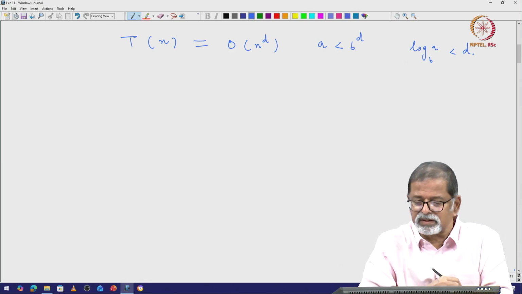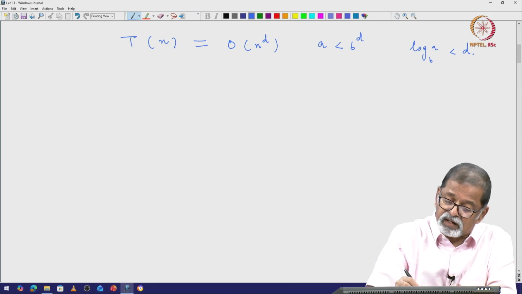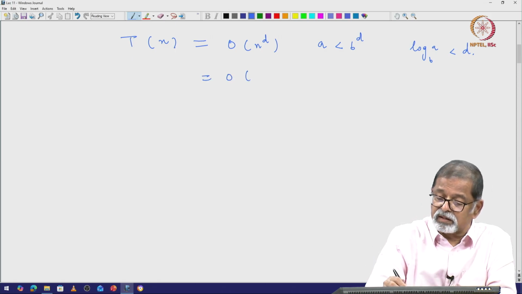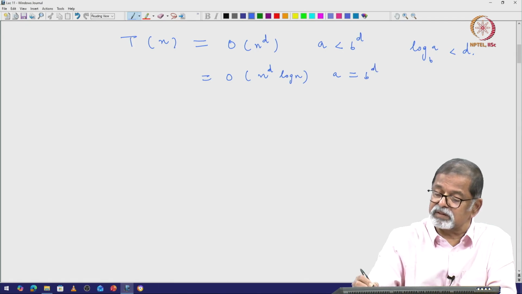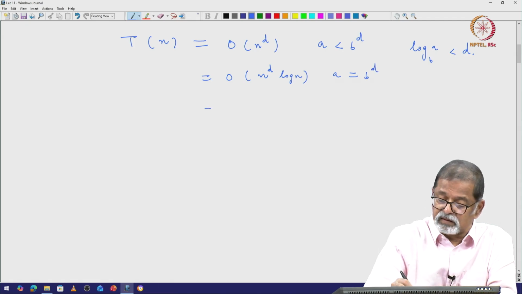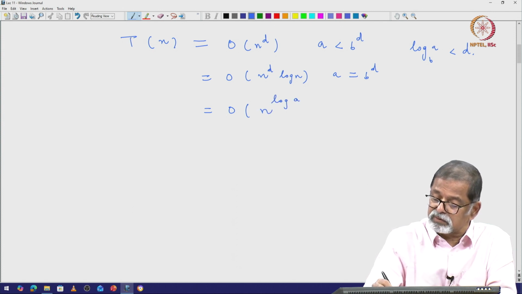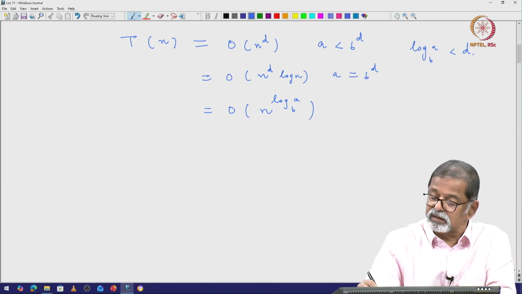T of n is equal to order n power d log n if A equals b power d, and equals order n power log A to the base b if A is greater than b power d.